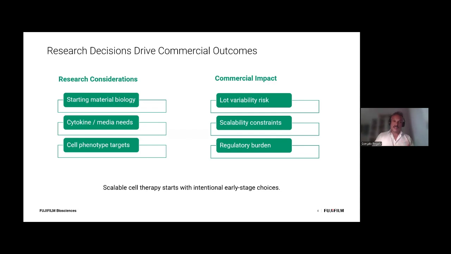So questions of the starting material, variations in terms of the media, the cytokines, the process, and the way this affects the phenotype, right? And then the need to do that and resorting to high quality reagents and equipment to have that line of sight into the commercialability and scalability, and all the regulations that are underlining the approvals of these therapies. This is where this becomes particularly tricky.